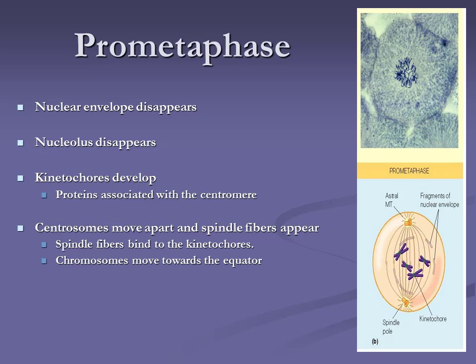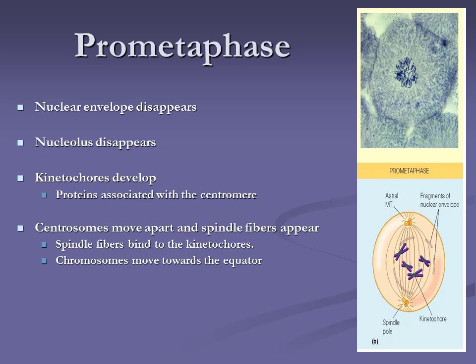Our centrosomes, these are going to be, again, our centrioles. They're going to move apart and they're going to end up at opposite poles. And as they do, these microtubules are going to be organized into this bird cage-like structure that is called the spindle apparatus. And our microtubules are called spindle fibers.